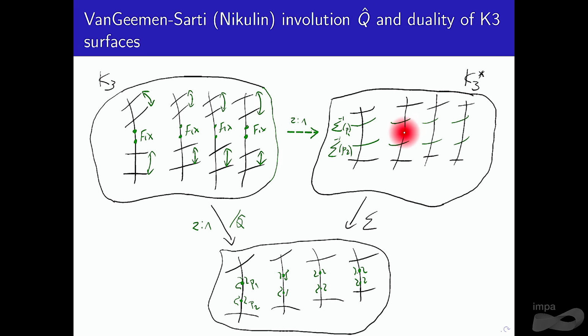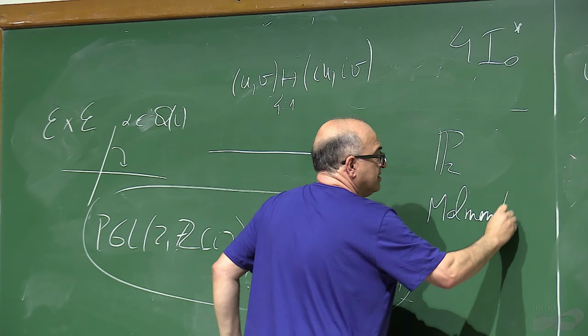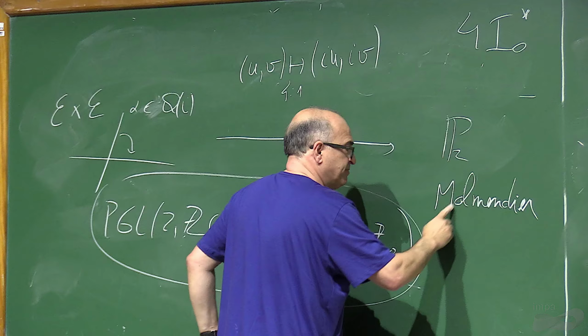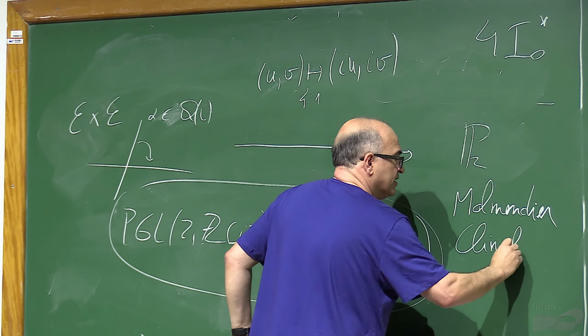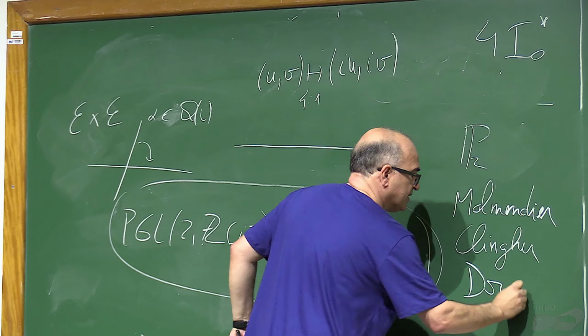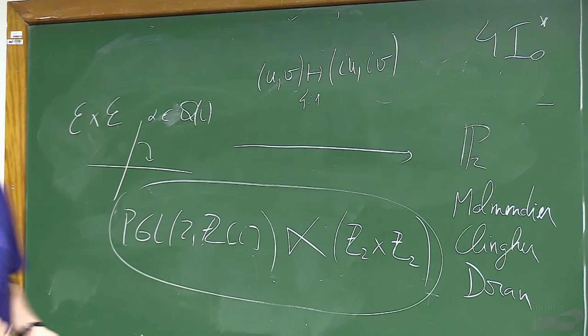The curve is the same, but the map is 2-to-1. So think about a P1 covering another P1 2-to-1. It's possible to have isomorphic curves in a 2-to-1 map. So this was the light that I searched for, and these are studied in physics by, for example, Malmendier, in a lot of papers in algebraic geometry and mathematical physics, and Clingher, Doran, and others. They know very well such a transformation.